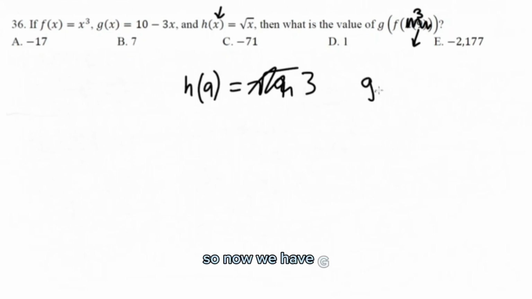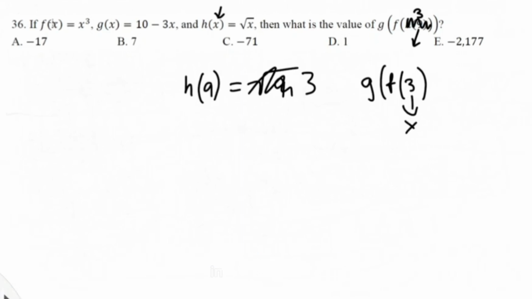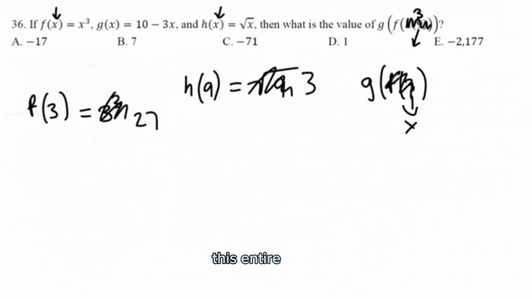So now we have g of f of 3. Now 3 takes x's spot in the f function. So f of 3 is equal to 3 cubed. 3 cubed is just 27. So now we have this entire thing reduced to 27. So all we have now is g of 27.